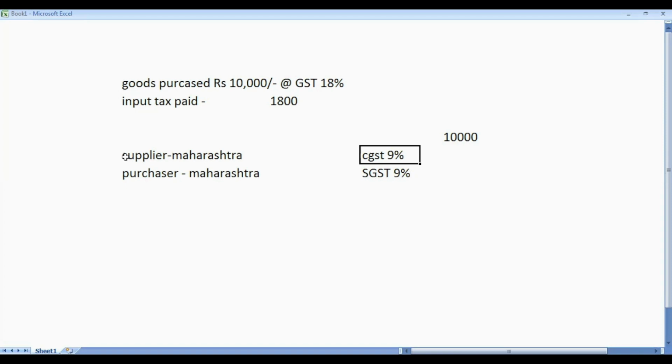So total 18% will be calculated on 10,000 rupees, out of which 9%, that is 900, will go to the central government and 900 will go to the state government as tax collected by the government.